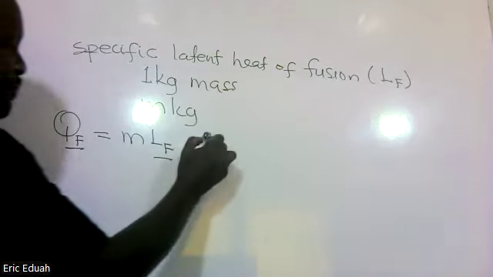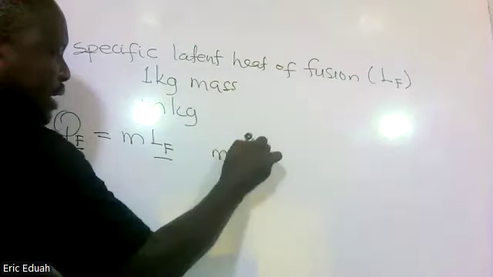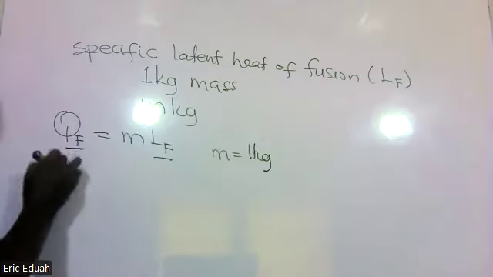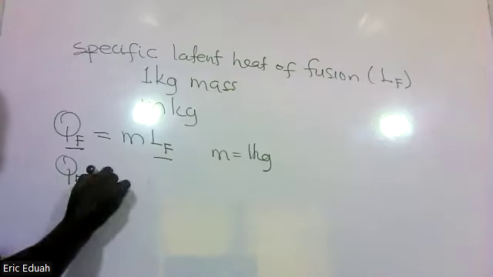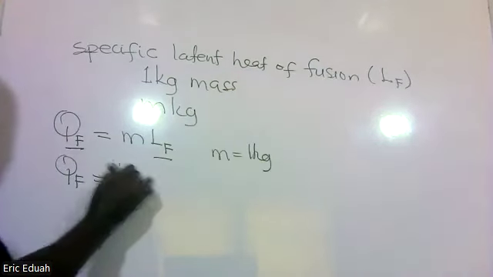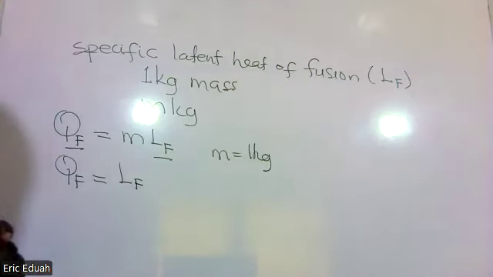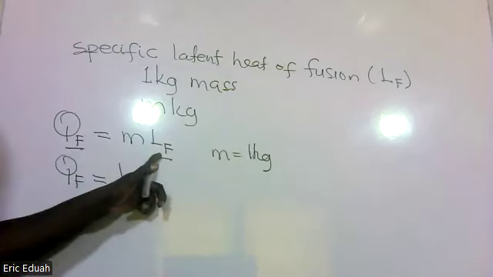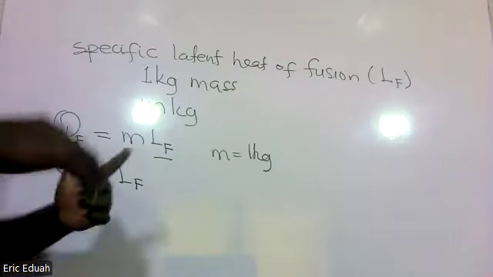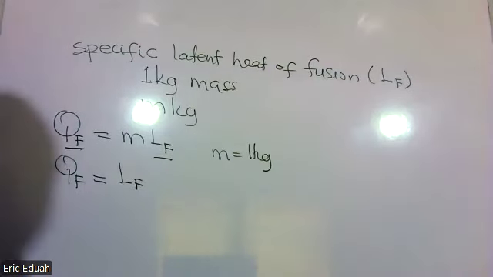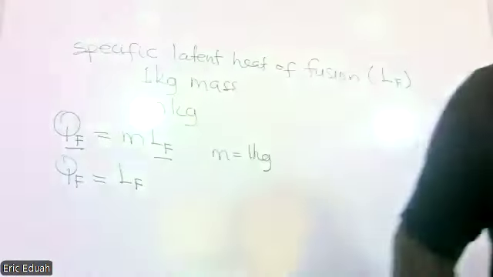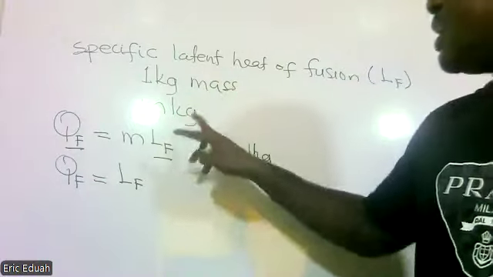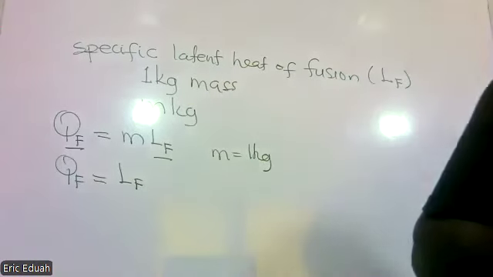That is why when m is equal to 1 kilogram, we have Q_F being equal to L_F. So this is for a unit mass, and this is for any unknown mass of a substance. So that is it with latent heat of fusion.